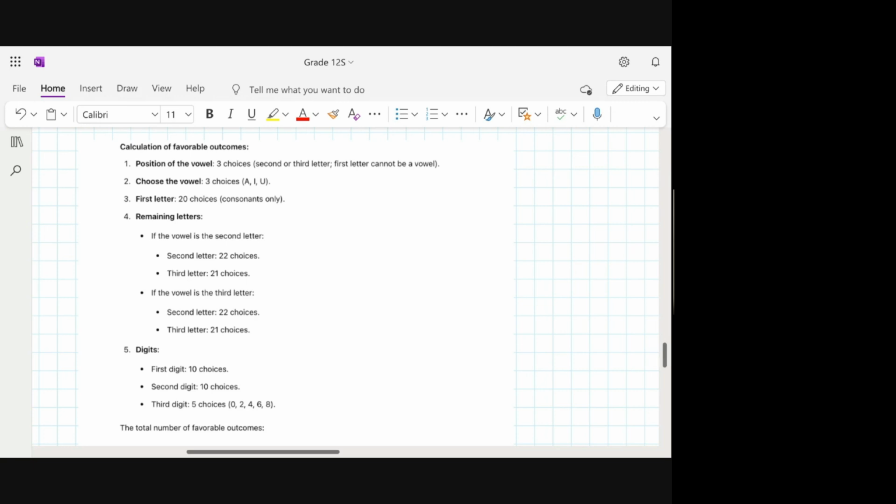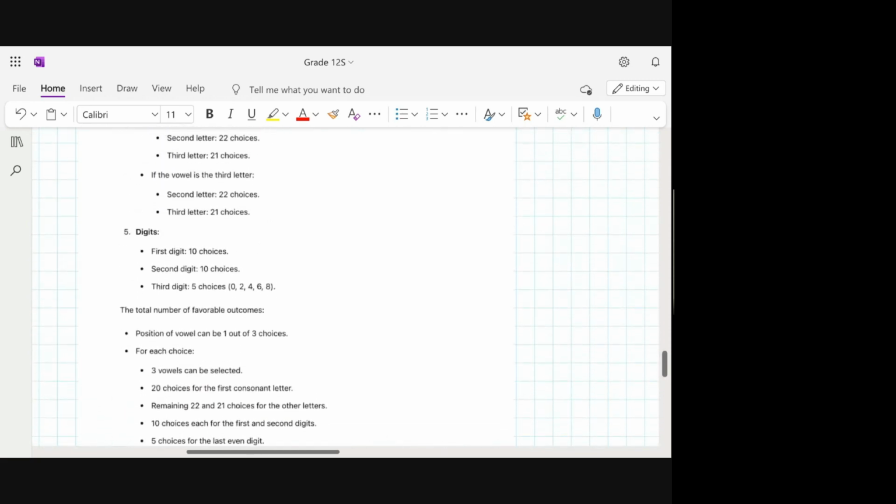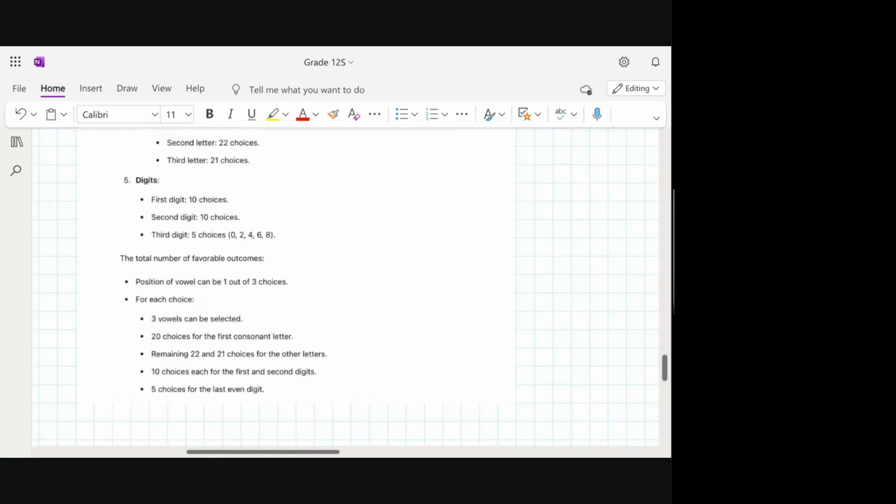What I'll also do is put it onto your Google Classroom, so that you can see the solution on your Google Classroom as well, and you'll be able to see the whole answer.